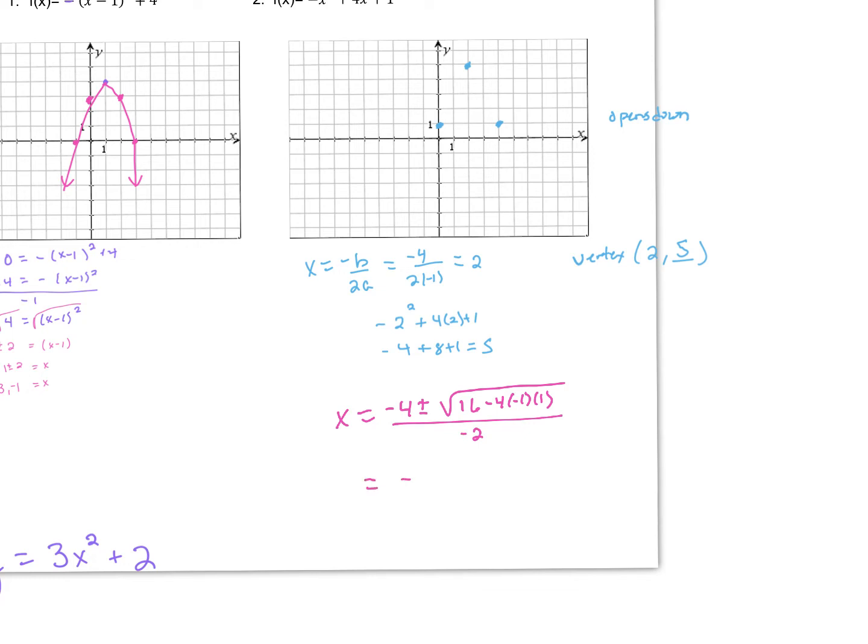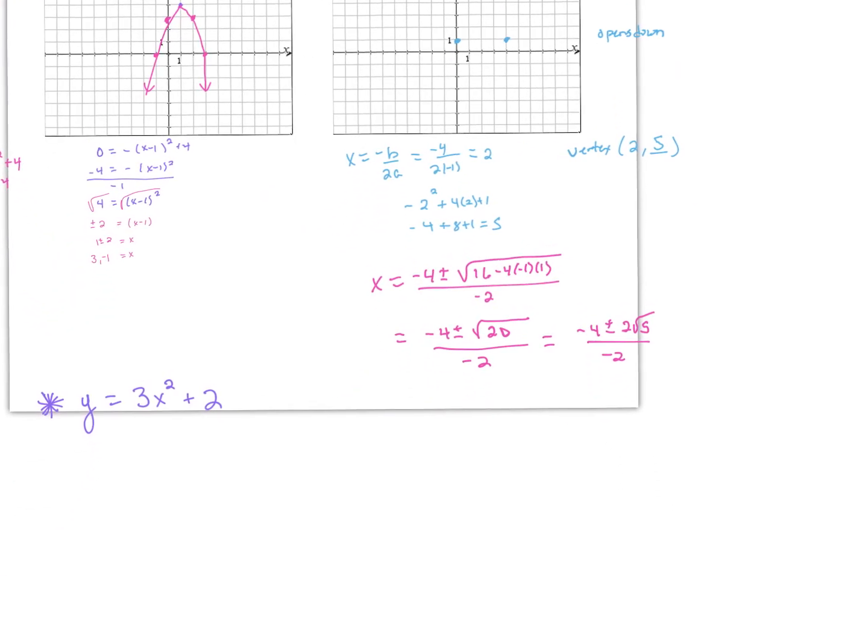So we get negative 4 plus or minus the square root of, that gives us 16 plus 4, so we get the square root of 20 all over negative 2. Now we need to clean this up. This gives us negative 4 plus or minus 2 root 5 over negative 2.